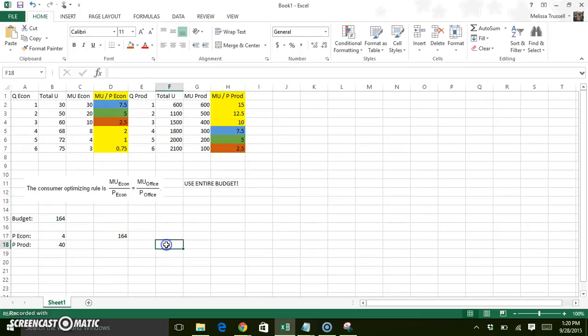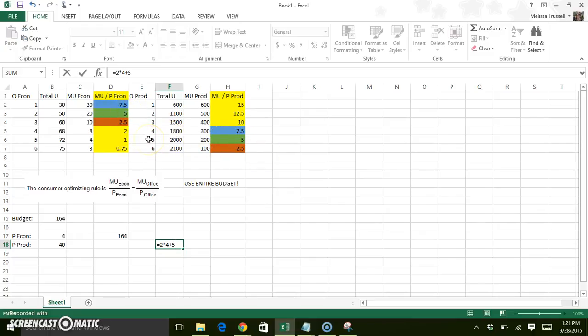Just as an example, let's look at what happens if we go with our green boxes. If we bought 2 econ subscriptions, we would have a budget of 2 times our econ price, which is 4, plus we'd have to buy 5 productivity apps to make our mu over p equal. So our mu over p is 5 for the green boxes.